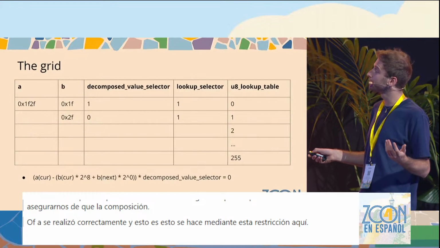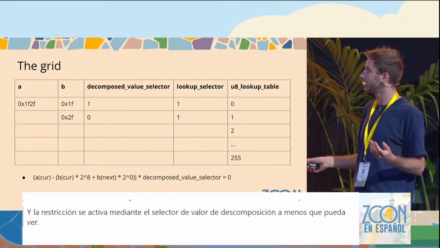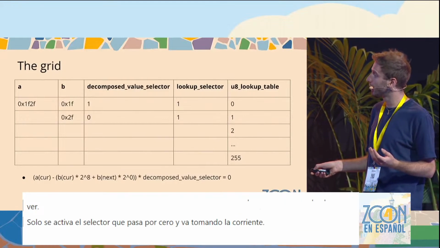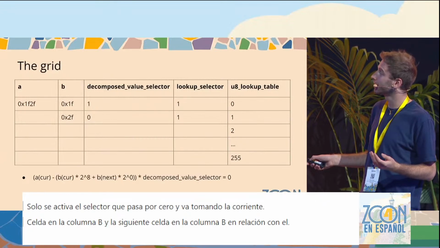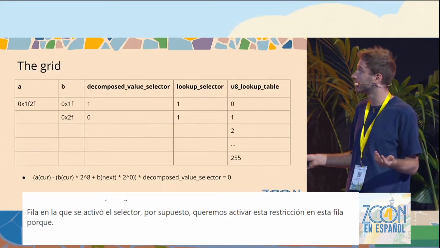As you can see, the selector is only activated at row 0 and takes the current cell in the column B and the next cell in column B relative to the row in which the selector was activated. Of course, we don't want to activate this constraint in this row because there's no A, it's empty. So it doesn't make sense. It will fail actually because this is 0.